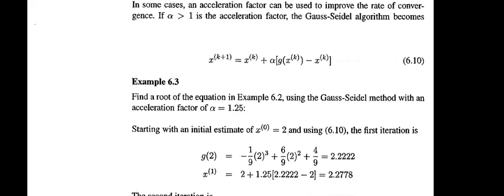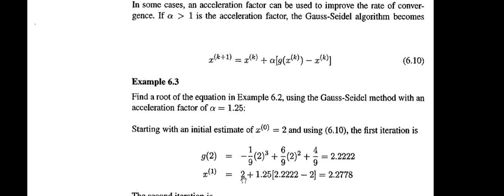For regular Gauss-Seidel, when you put 2 as x, you get 2.22 for the first iteration, and the result can be reused for the next iteration. But for the acceleration factor scenario, you cannot put 2.22 directly. You have to adjust that 2.22 in terms of the acceleration factor.